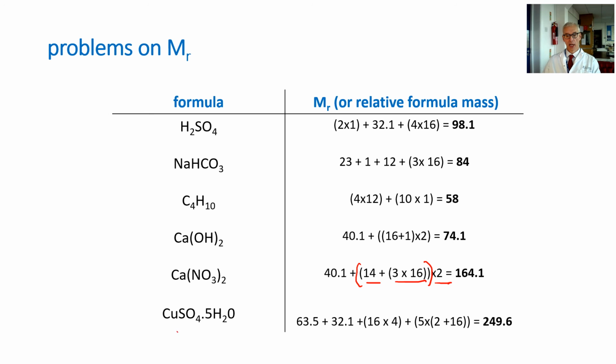Now for the hydrated copper sulfate, straightforward, 1 copper, 1 sulfur, 4 oxygens, but this 5 multiplies water by 5. So 5 times the relative formula mass of water, which is 2 plus 16, comes to 249.5.